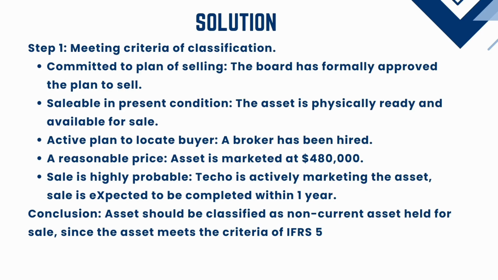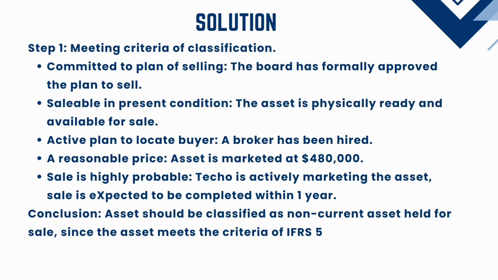Then we have sale is highly probable. So from the illustration, we can also note that Teco is actively marketing the asset, and the sale can be expected to be completed within a year if all things are equal, if there is no unexpected occurrence.